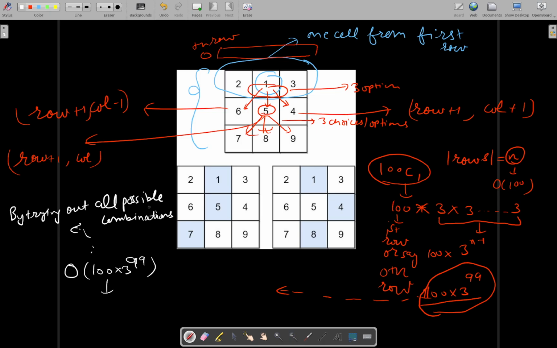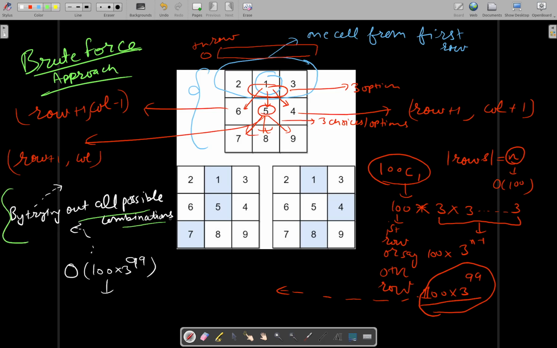Since you are trying all the options you have, this will be a brute force approach. This is the brute force approach, and this will be the number of operations your solution or program will be requiring.